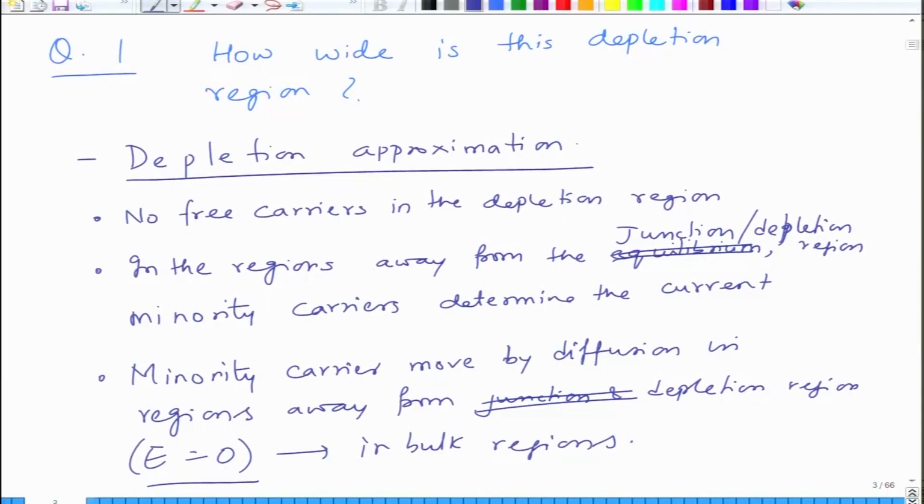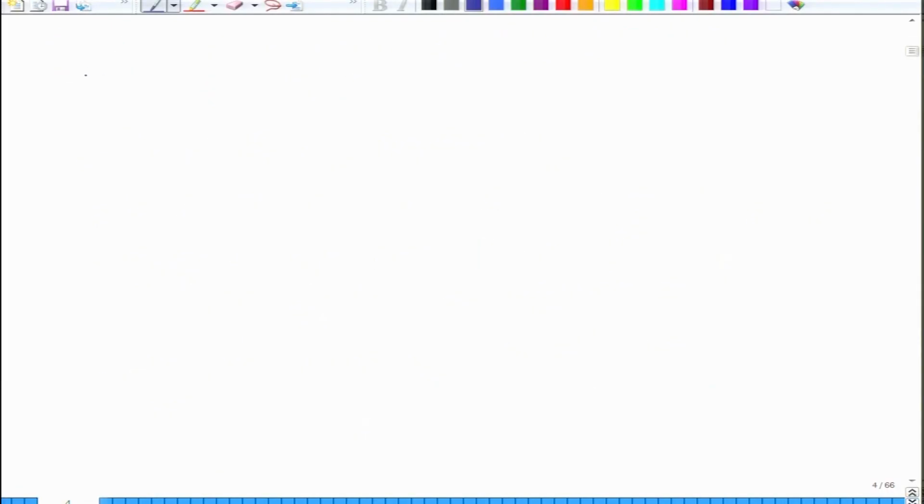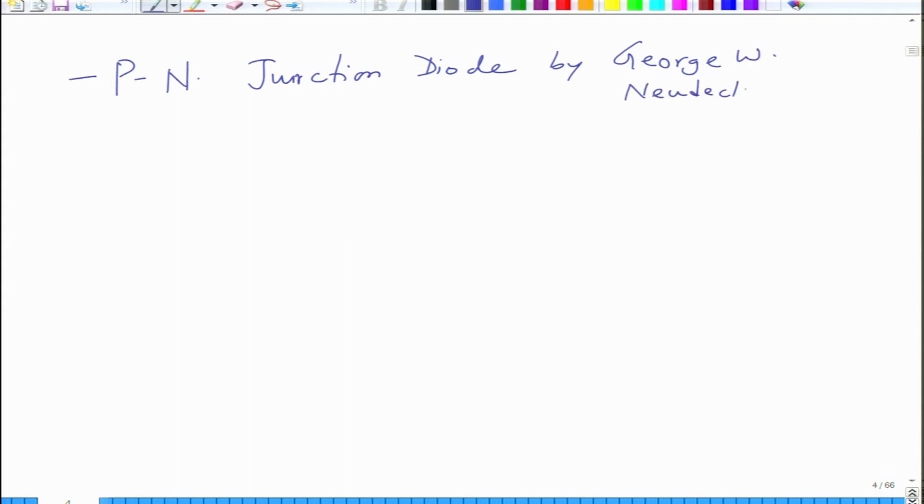Before I go into a little bit more detail on this, let me just mention the books. Books could be p-n junction diode by George W. Neudeck, and another by S. M. Sze.